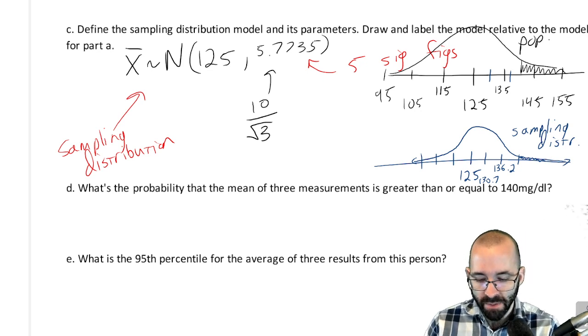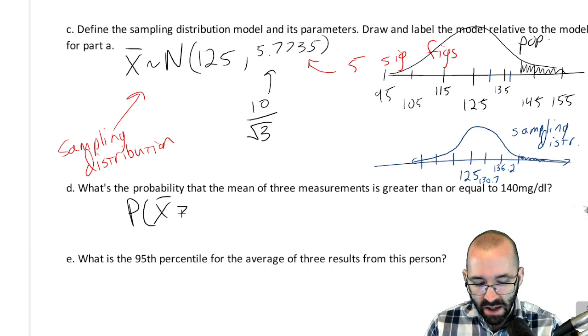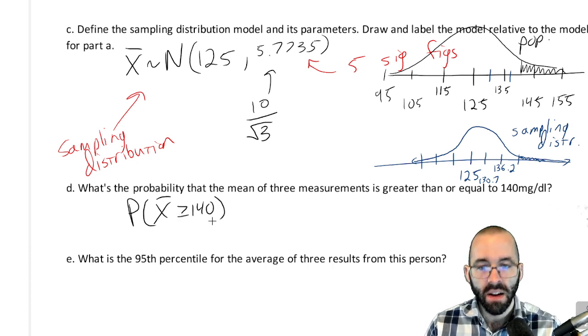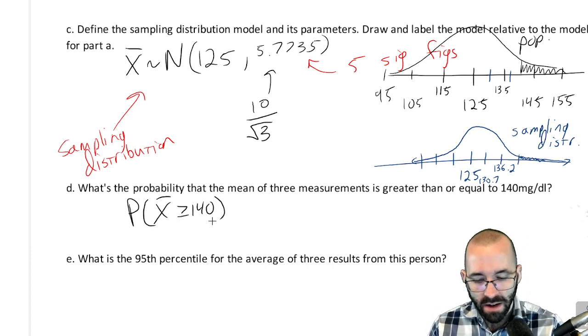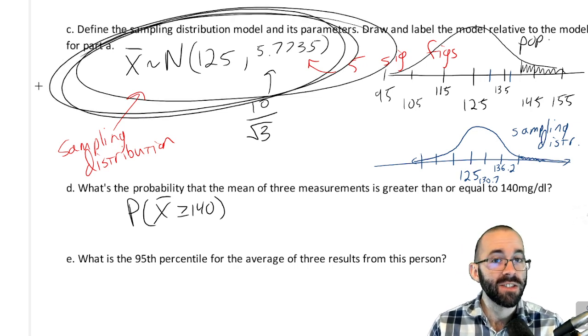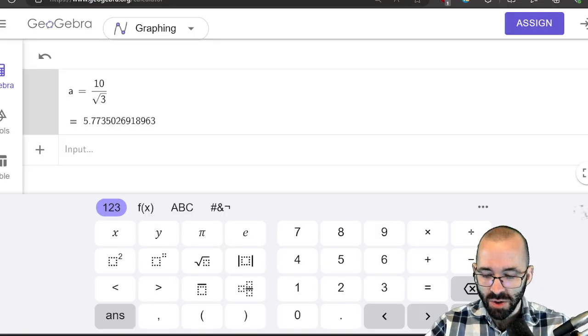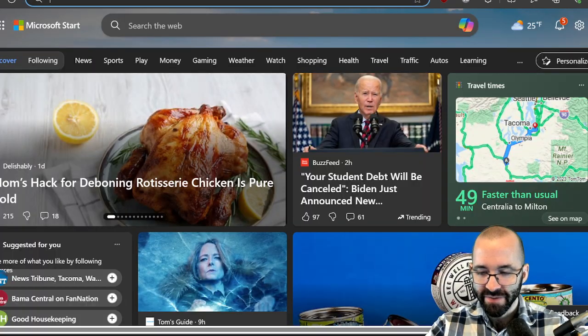What is that probability? The probability that our average of 3 is at least 140, how can we find that? We know our average is normally distributed. How do we answer questions about probabilities of normal distributions? We use GeoGebra, which I'm not ready for.